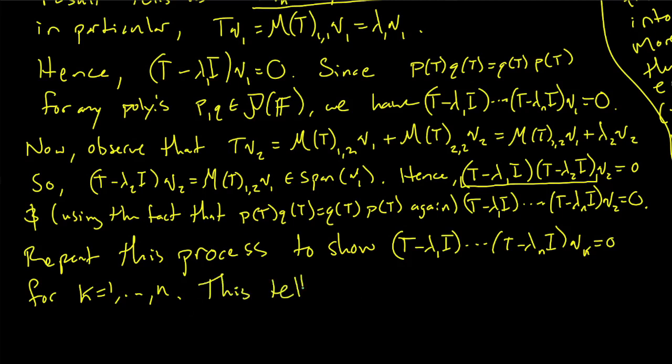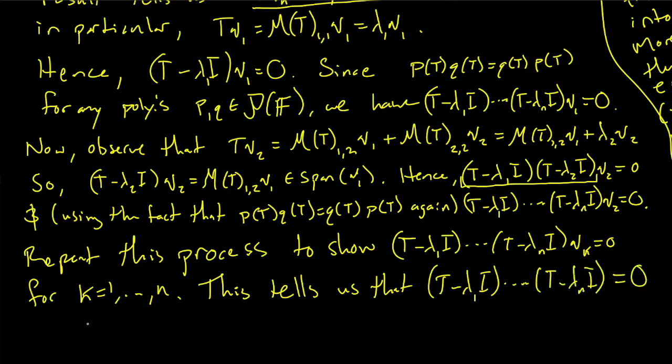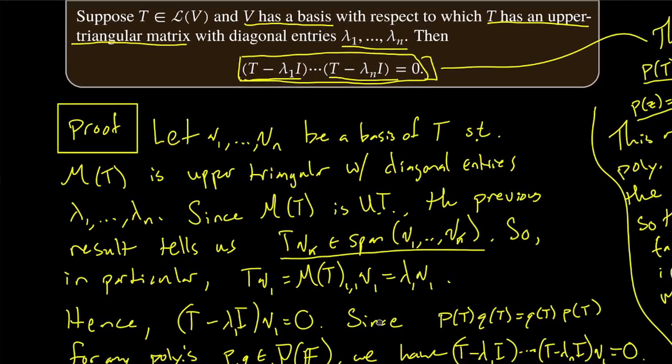This tells us that (T minus lambda 1 I) all the way through (T minus lambda n I), that big product, is 0, since it is 0 on a basis of V. Nice. That's what we wanted to show.